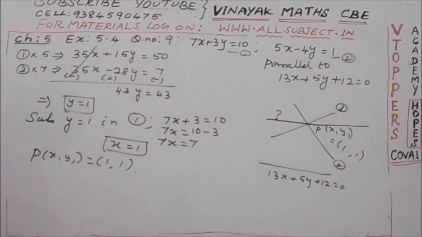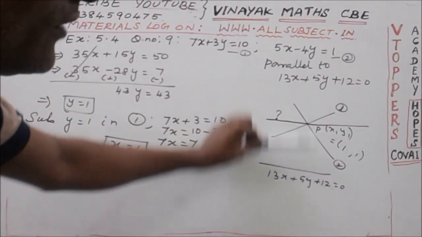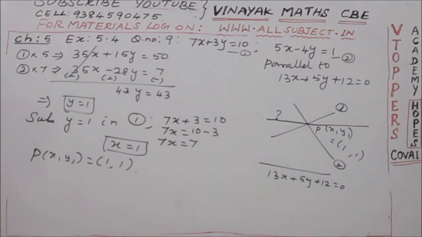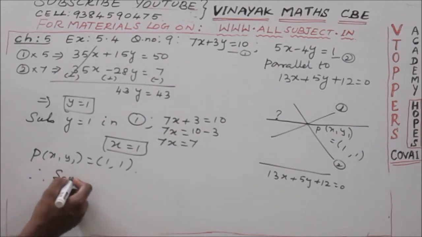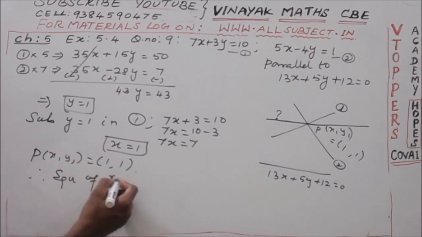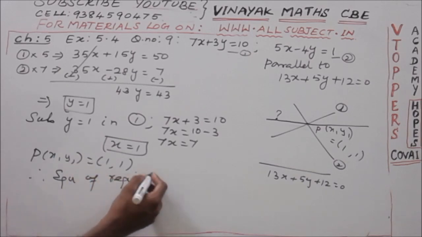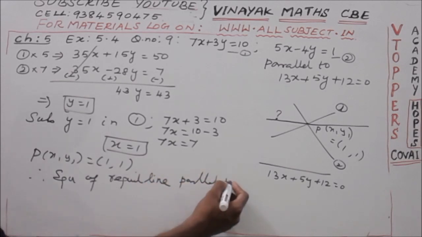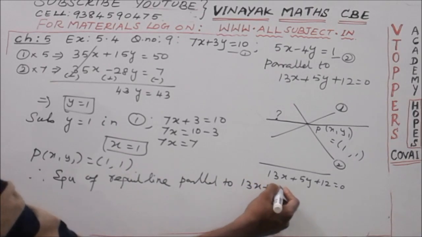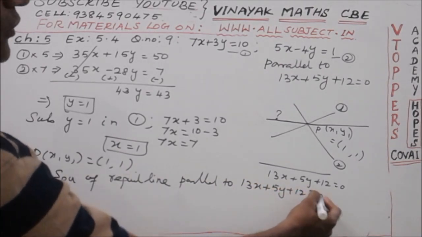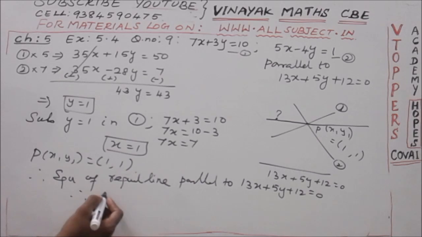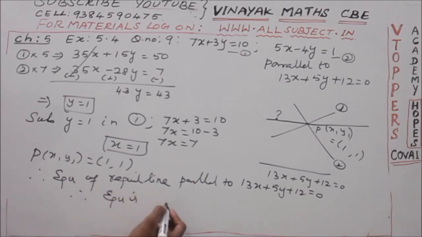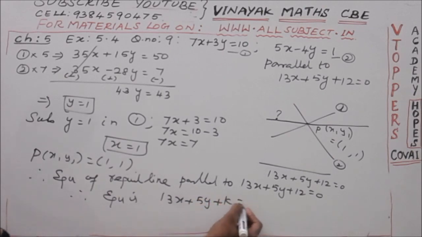And the required line is parallel to the given line. Parallel lines differ only by a constant. Therefore, the equation of the required line, parallel to 13x plus 5y plus 12 equal to 0, is in the form 13x plus 5y plus k equal to 0.